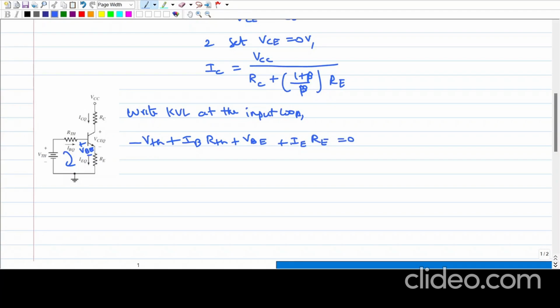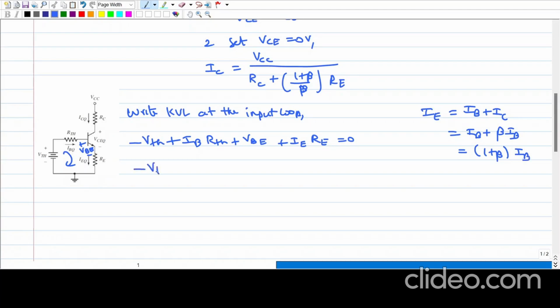So we can write IE in terms of IB. IE equals IB plus IC, that is IB plus beta IB, which equals (1 plus beta) IB.